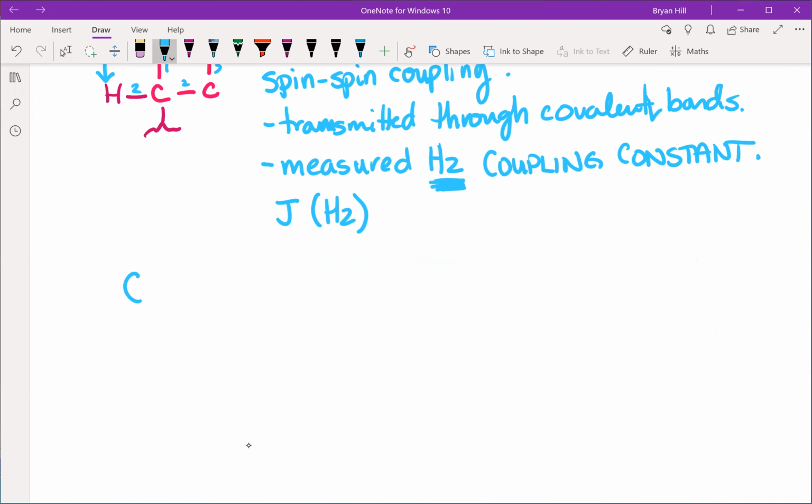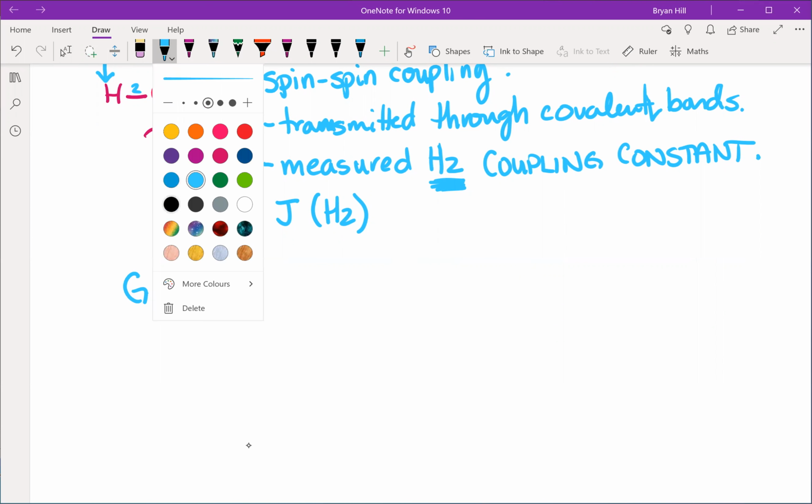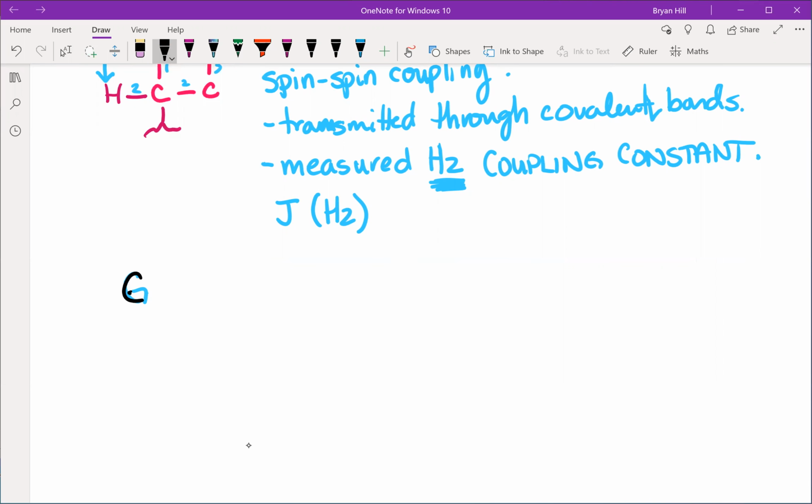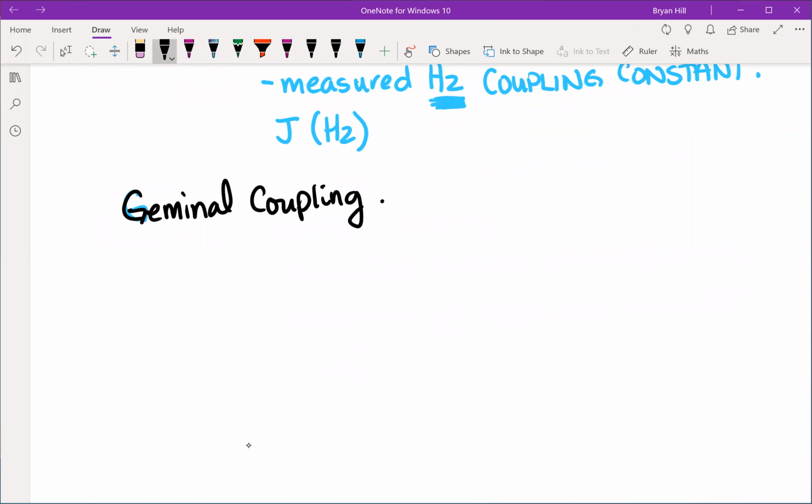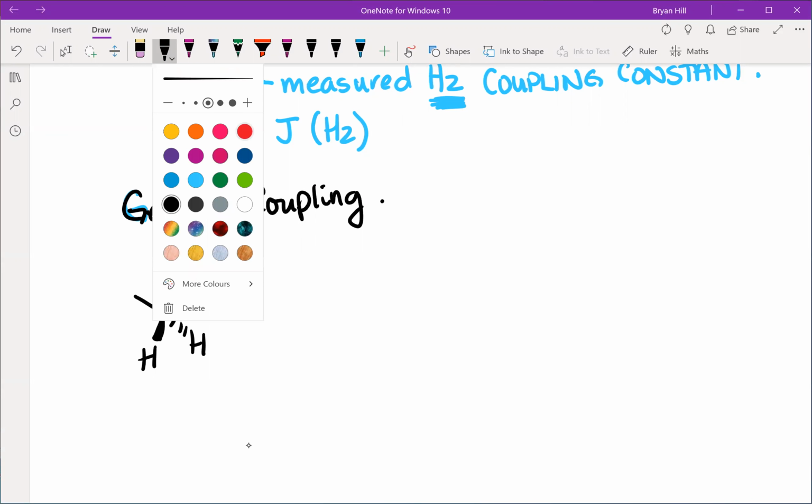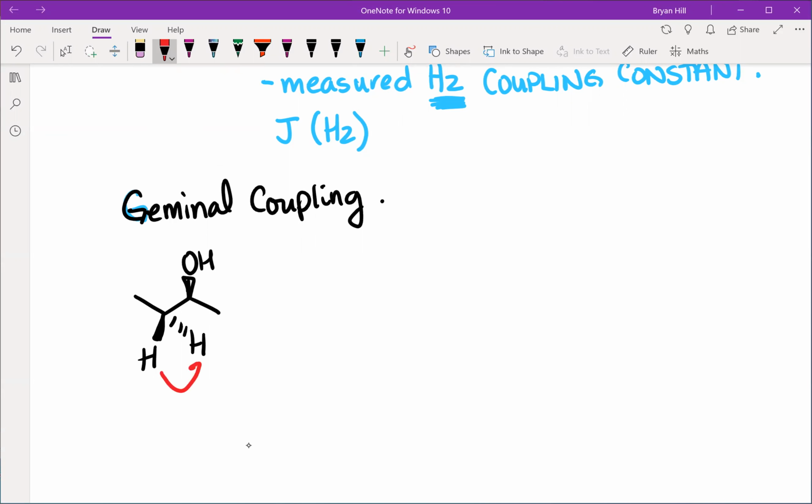We've got what we call geminal coupling. Geminal. So if we had just our friends here, which we talked about earlier, these two protons are not equivalent.